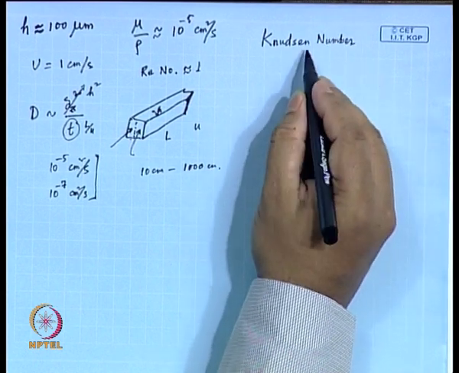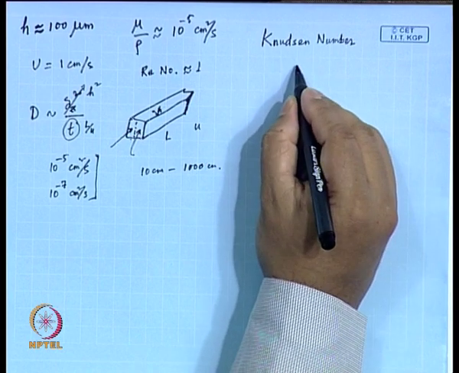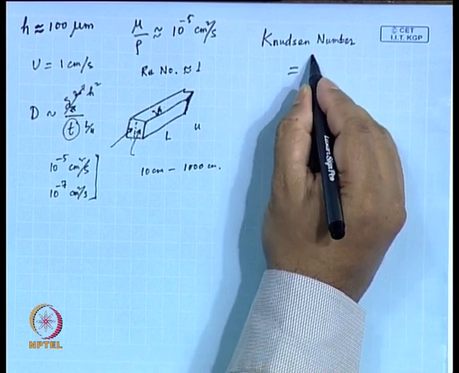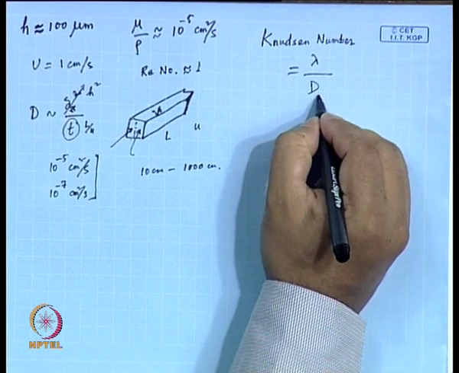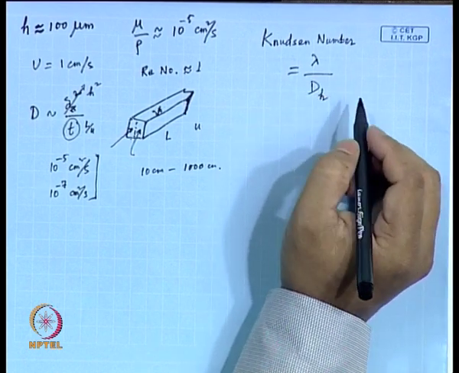Knudsen number, which is defined as lambda divided by dH. And what is lambda?